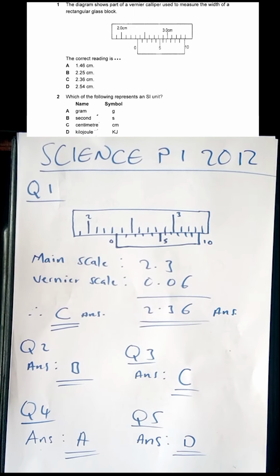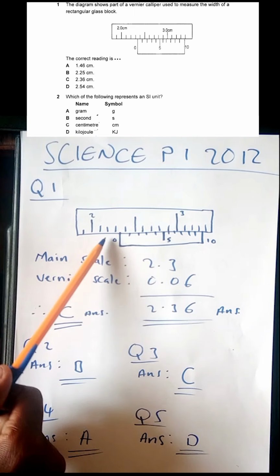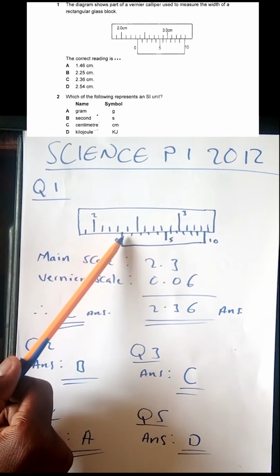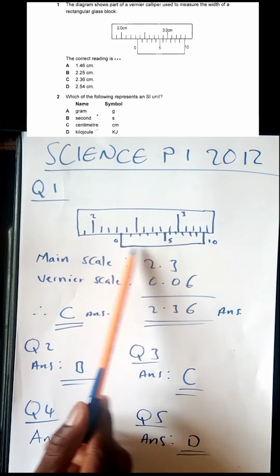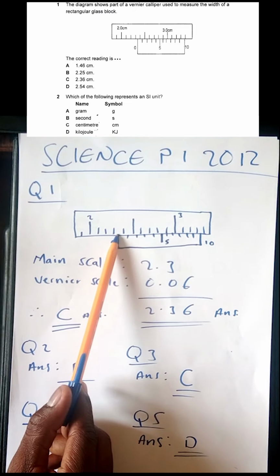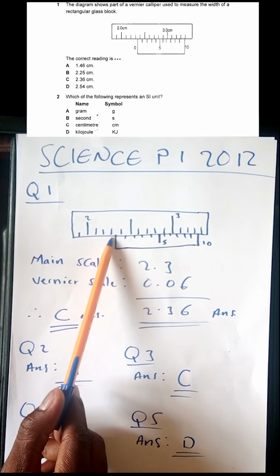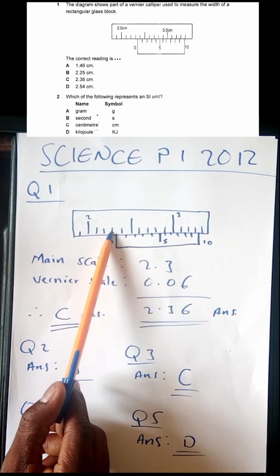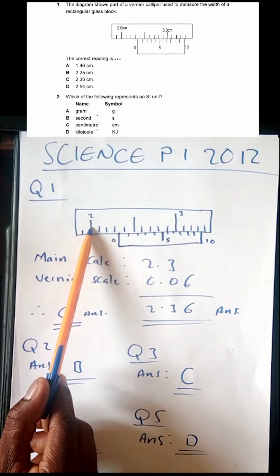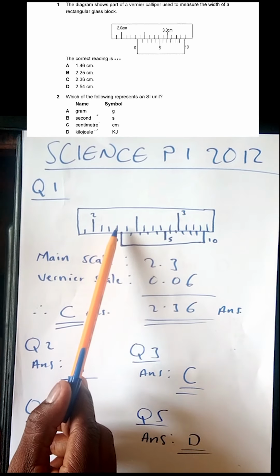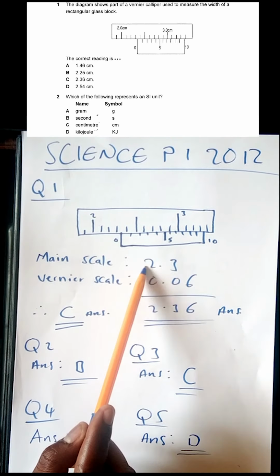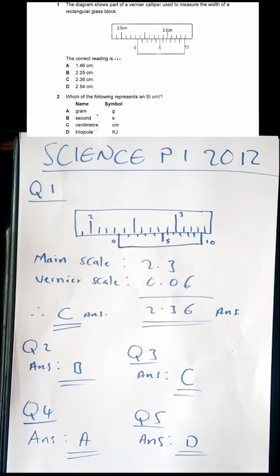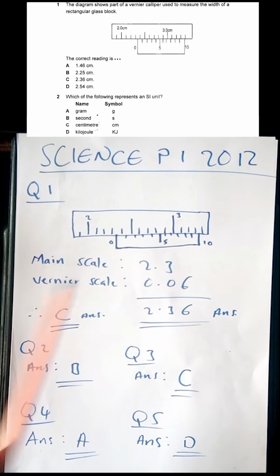The reading that you get on the main scale is the number that is just before the vernier scale. So the vernier scale attaches itself here. So the number before this point, it is the number which is here. And what number is there? That is 2, 2.1, 2.2, and 2.3. That is 2.3. And what is the reading on the vernier scale?